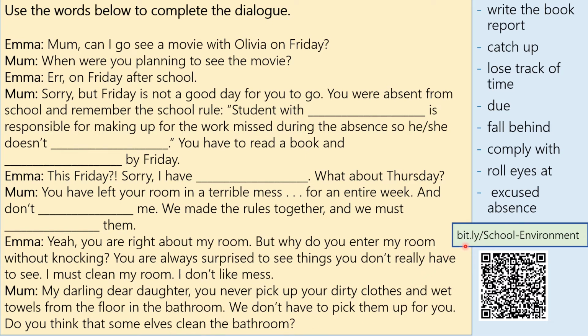This bit.ly address and the QR code lead you to the word cloud so you can download the dialogue and complete the sentences. Take your time and hit the pause button. The dialogue goes continually on 2 slides. Good luck!